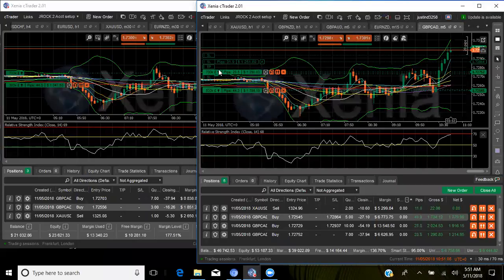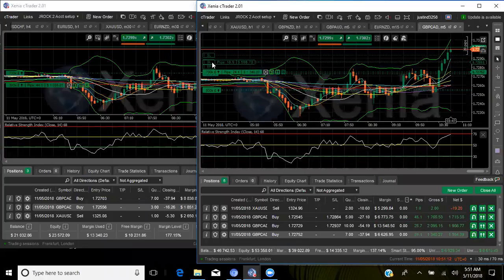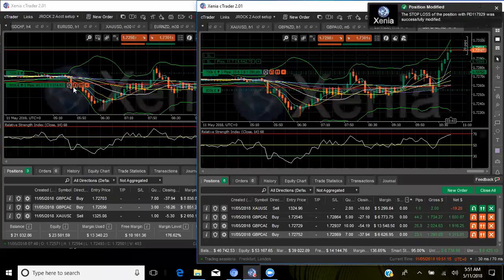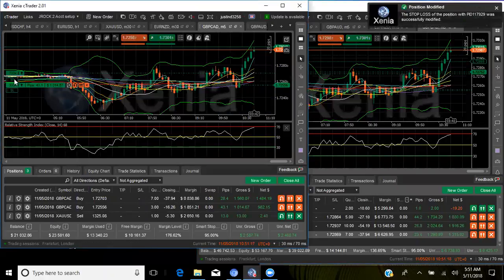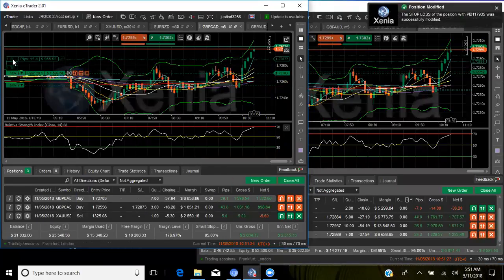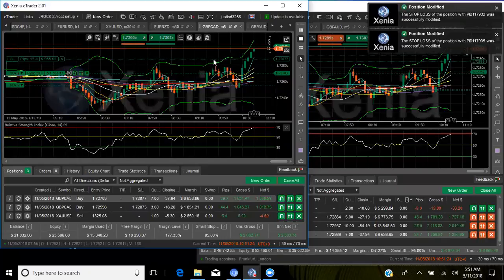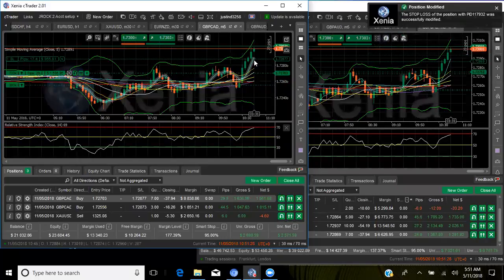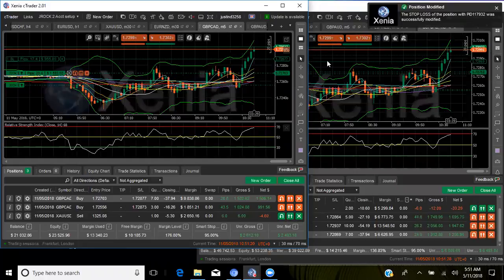Give me some stop losses here. If it drops back hard, I'm going to make sure that I'm protected, because it can do that sometimes. So I'm putting it on the 5-minute time frame right under the 5-period moving average, because it's holding that channel, and I'll keep moving it up as we go.